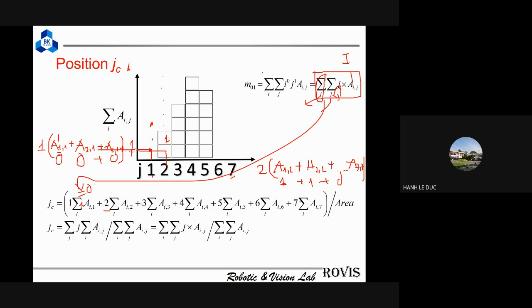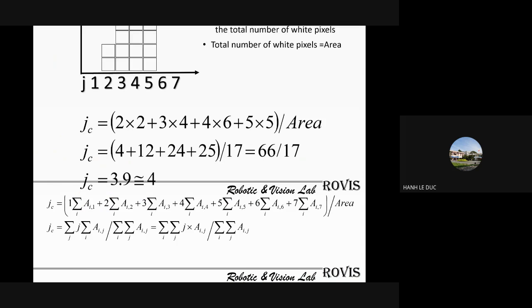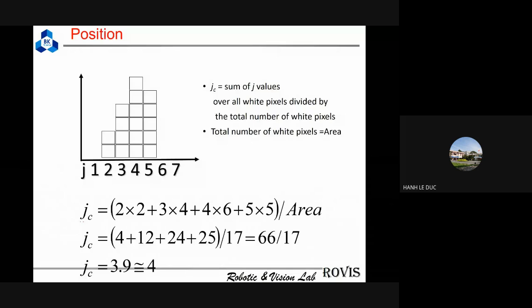So the result is 4. Then we have the result here. This is M01, the first is 4. So M01 is very easy, just multiply.